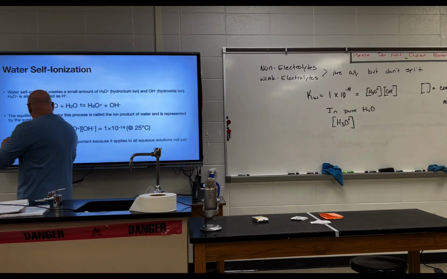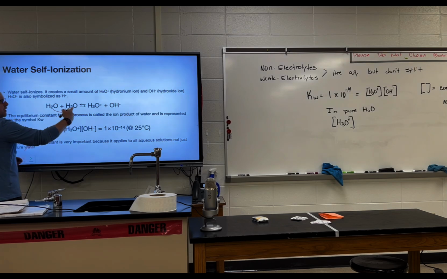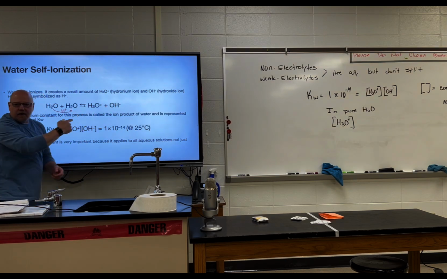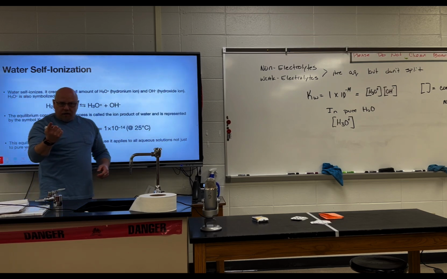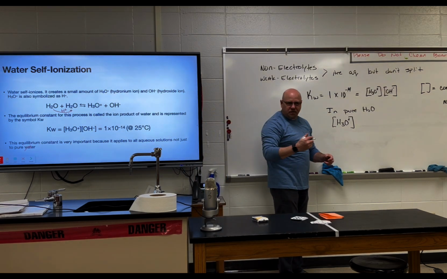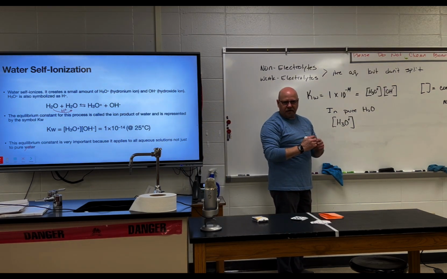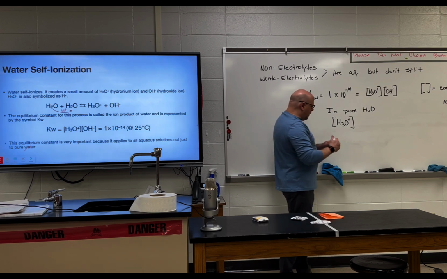If I have this act as an acid and give a hydrogen up to the water, this water acts as an acid, this water acts as a base, how many of each of these am I going to get? We get one each. So in pure water, how many of those should we have concentration-wise? Hydronium should be what to the hydroxide? Reacting 1 to 1, so they should be equal.